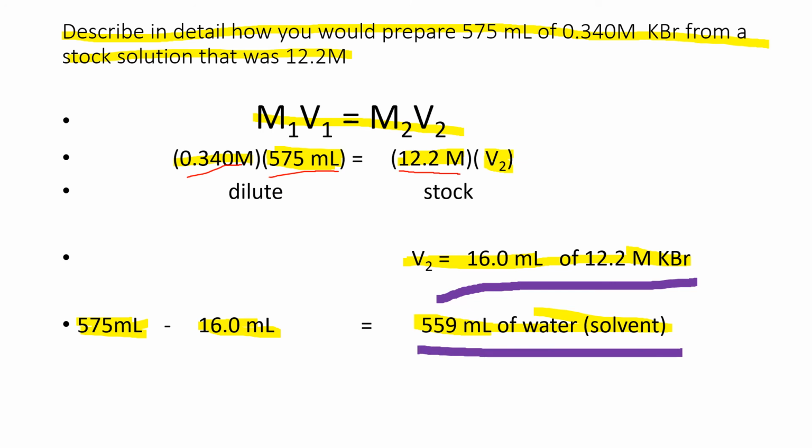You always have to describe how much of each thing, how much of your stock solution and how much of your solvent, you need in order to make that solution. The volume of the stock solution is what comes from M1V1 equals M2V2, and the volume of the solvent comes from the difference between the total and what you've already used. Again, this solution making is a very, very practical skill. You run across this all the time when you are in laboratory settings.